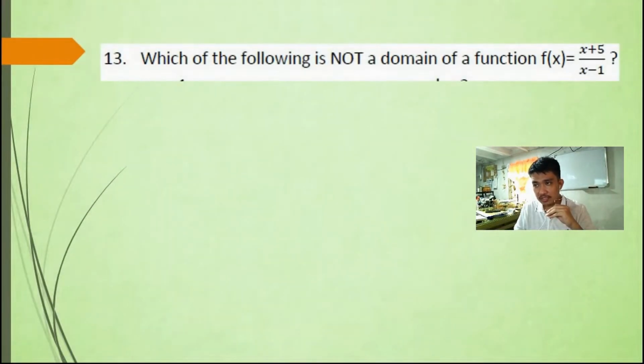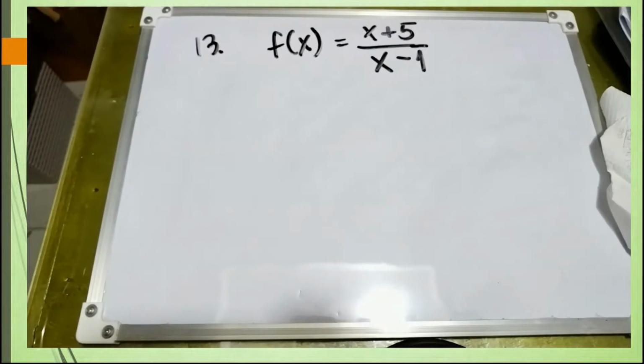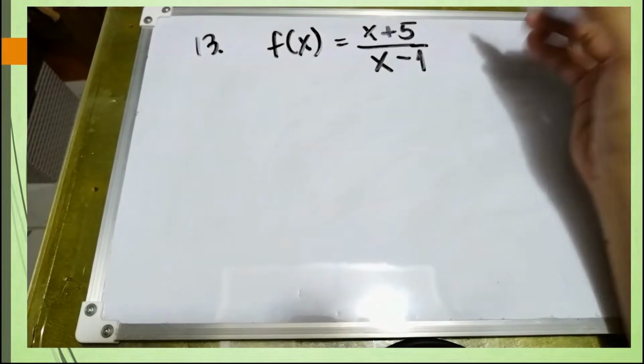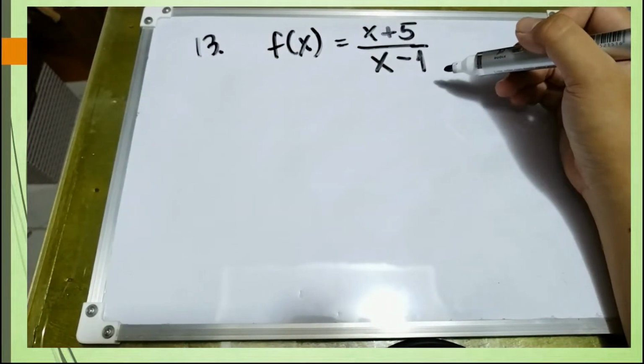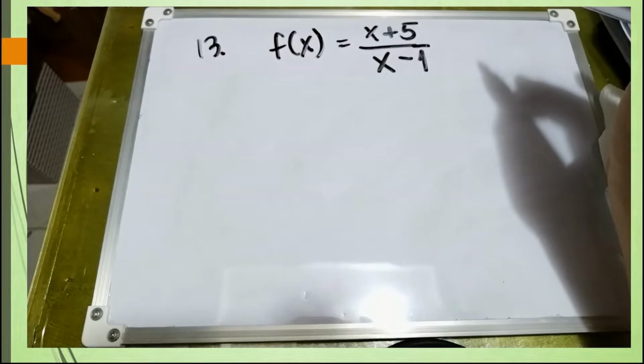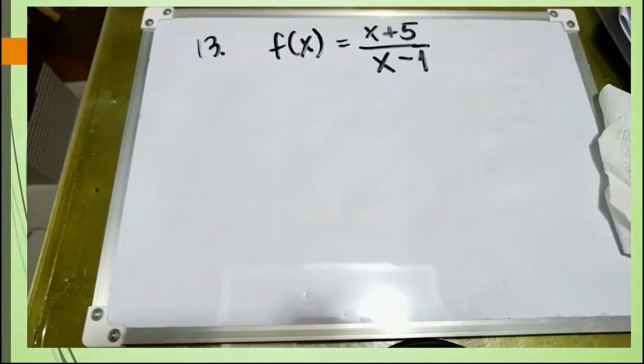Number 13. Which of the following is not a domain of a function f of x is equal to x plus 5 over x minus 1? Letter A, negative 1. Letter B, negative 2. Letter C, 1. Or letter D, 2. For number 13, we're talking here on the denominator, which of the following should not be the domain.